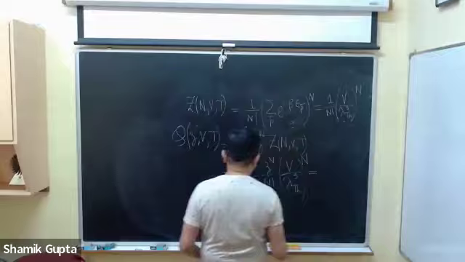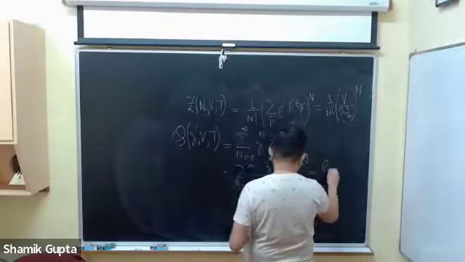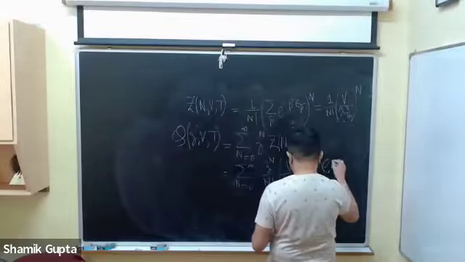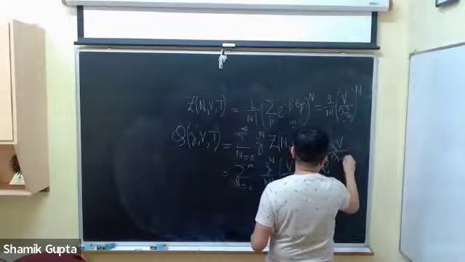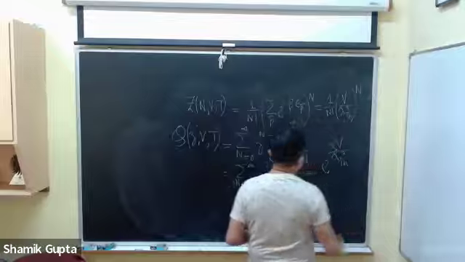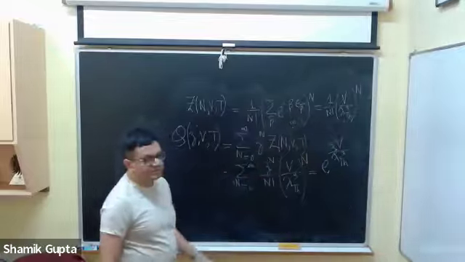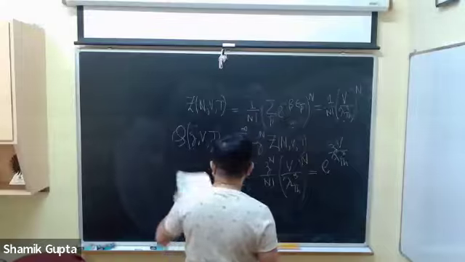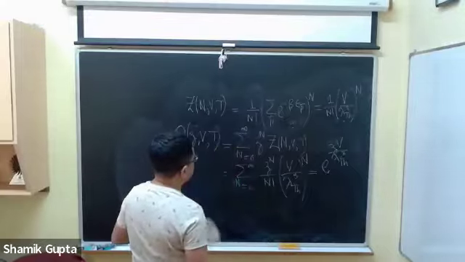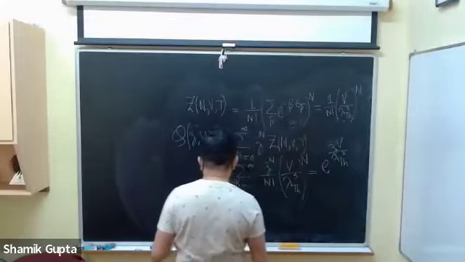But this is nothing but e to the power of zV divided by lambda thermal cubed. So this is the definition of an exponential function. So therefore, the grand canonical partition function has a very simple formula.